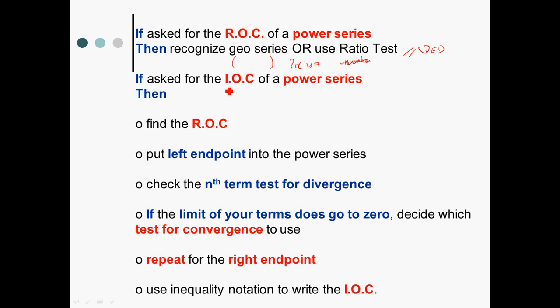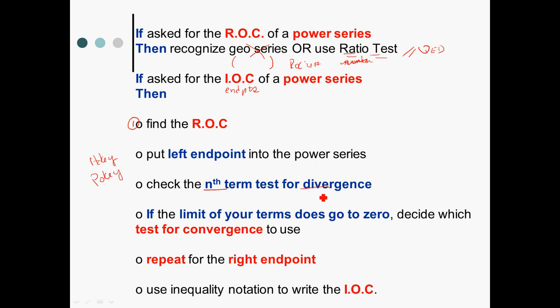If you're asked for the interval of convergence, think endpoints. But step 1 is find the radius of convergence, not using a geometric series, right? Because you know you don't have any endpoints if you have a geometric series. Use the ratio test, get the radius of convergence, then do the hokey pokey, right? Put the left endpoint in, shake it all about, and then run your test.